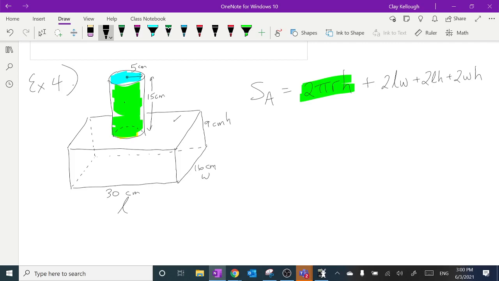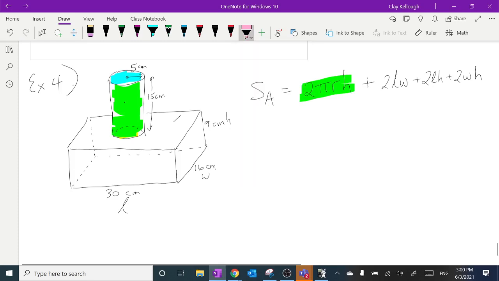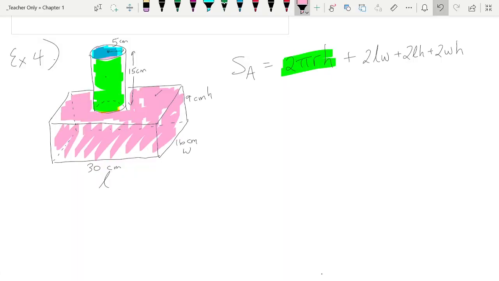And all of these areas, I'll color them this lovely light pink here. So this pink here is all of the faces of the rectangular prism, and it's this circle, which now I realize is not going to look pink by the time I'm done with it. Let me get rid of the blue.